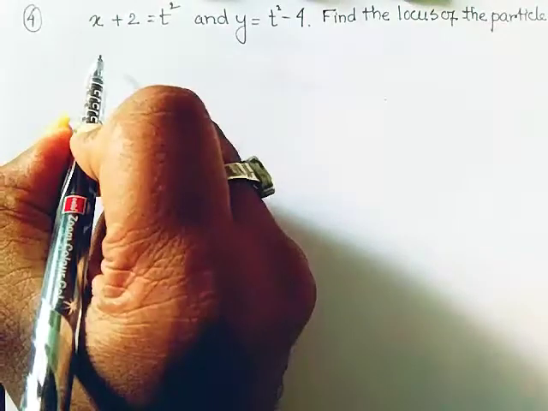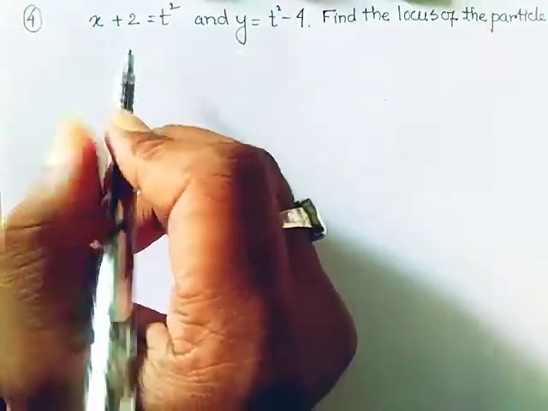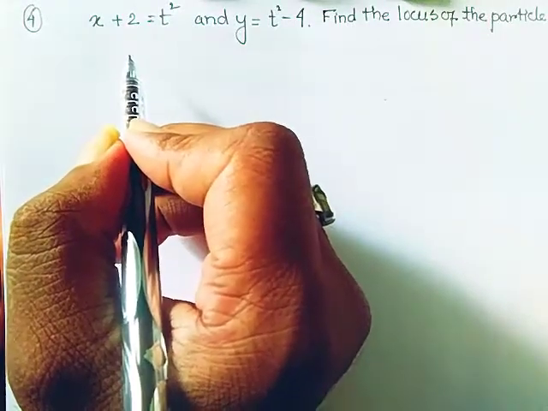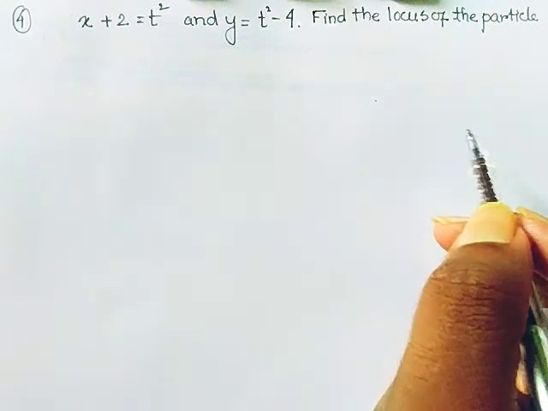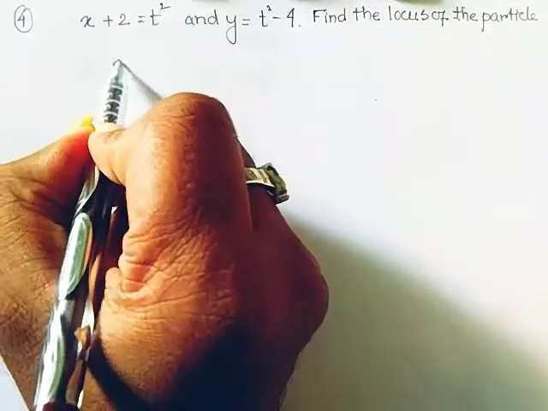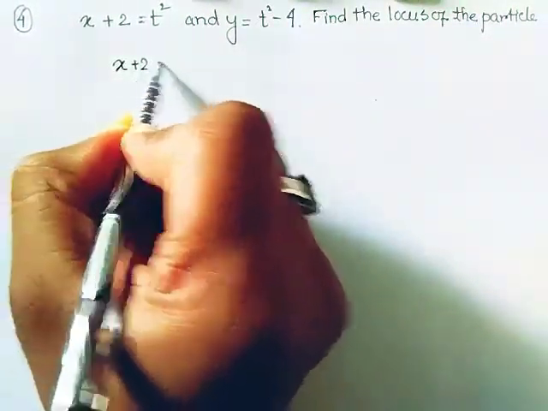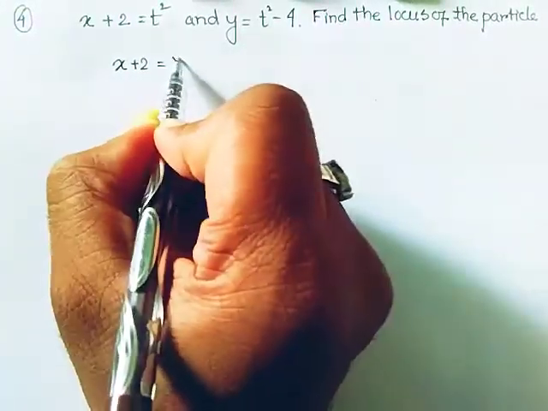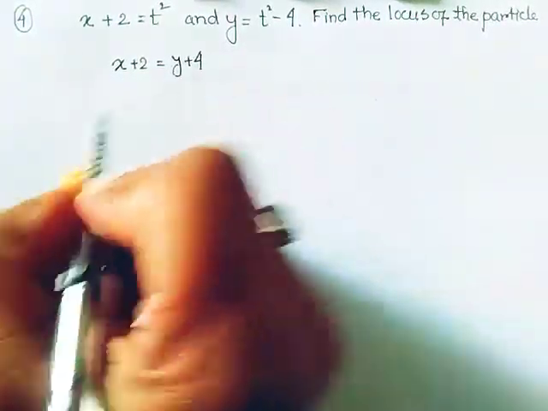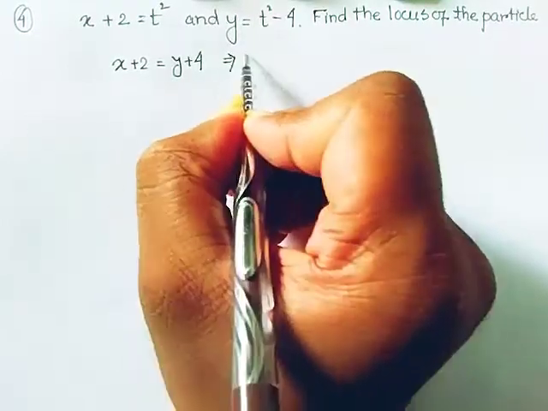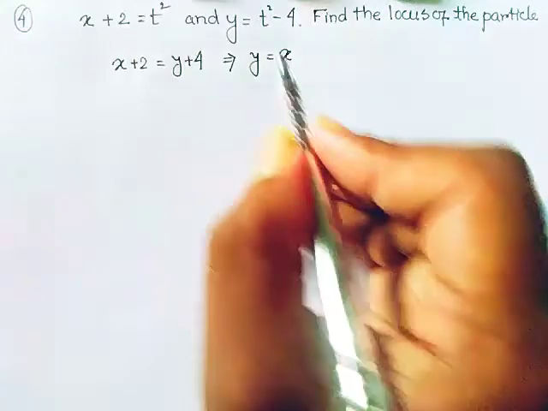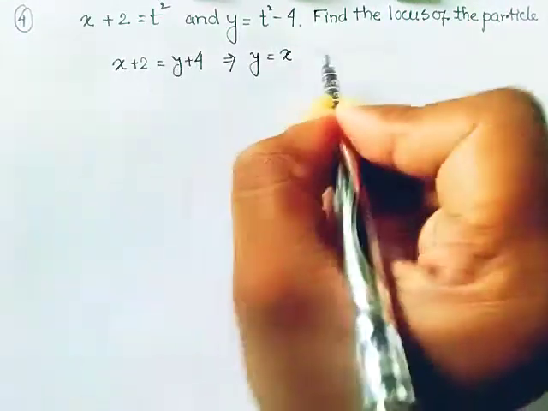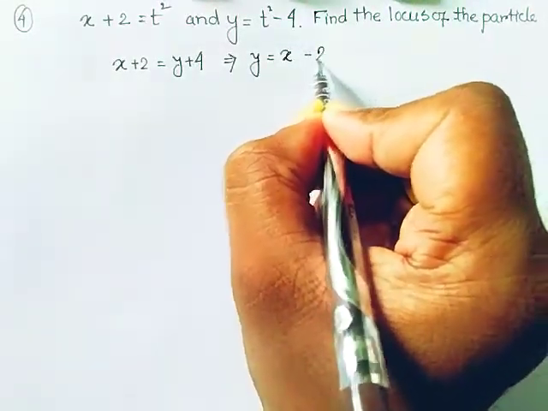So that is x plus 2 equal to t square. Then if I eliminate t square from these two equations, then the equation will be the locus of the particle, that is the equation of the path. So x plus 2 equal to t square, and from here t square equal to y plus 4. So from it we can write, that is y equal to x, and if I take it there, then it will be minus 2.